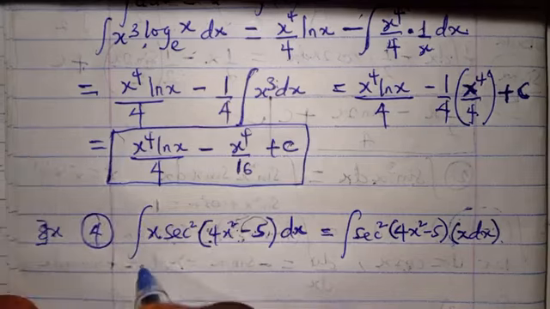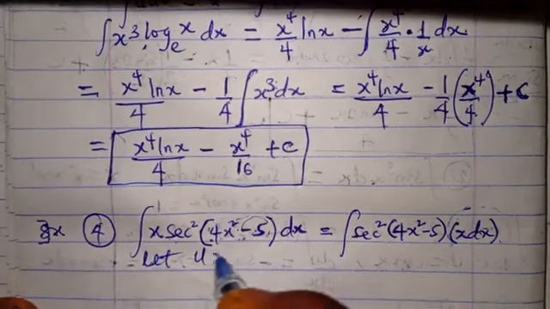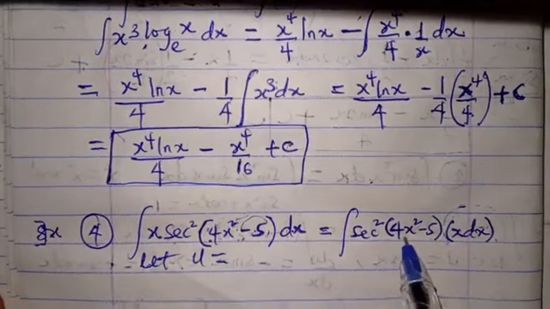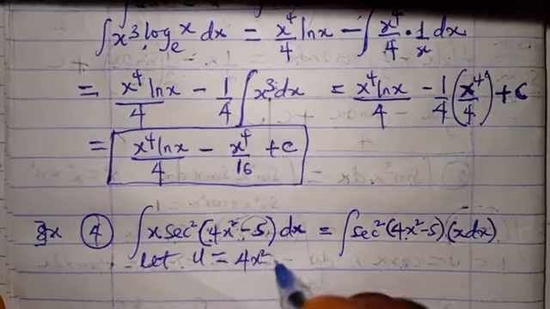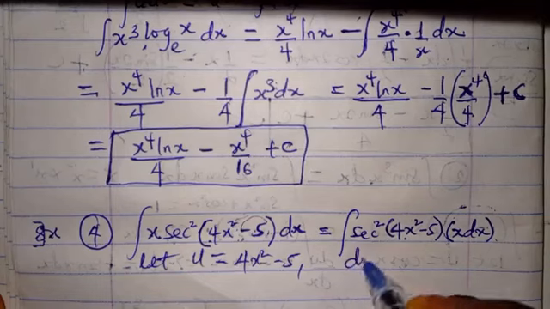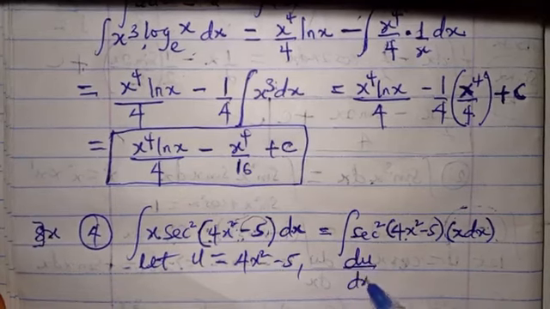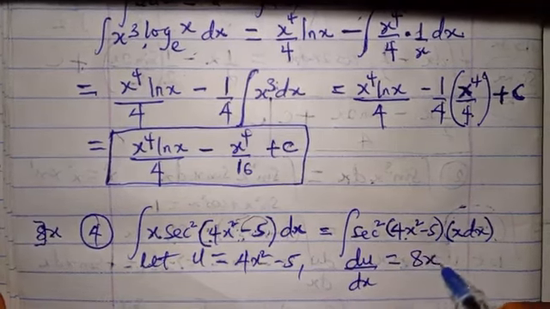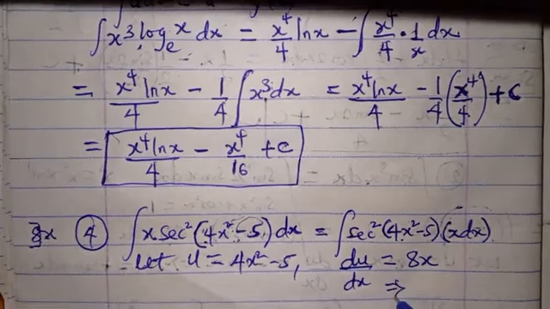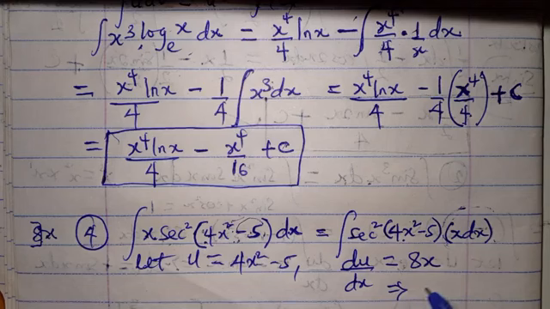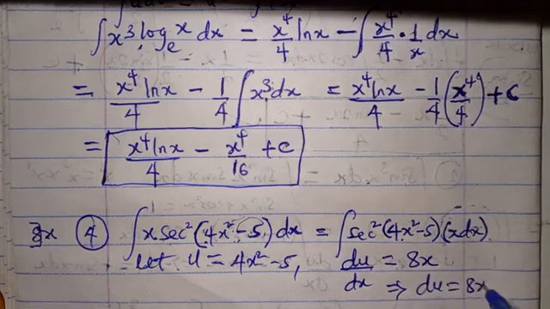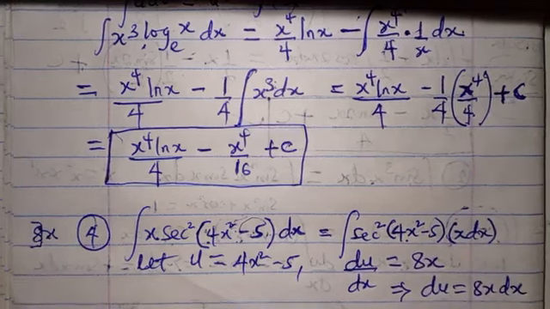I will say let u be equal to this inner function, 4x squared minus 5. If we differentiate the inner function with respect to x, we obtain 8x, and this implies that if we cross multiply, du is equal to 8x dx, right?